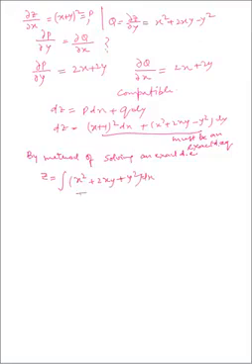Here we are treating y as a constant, plus the integral of (x square plus 2xy minus y square) dy.